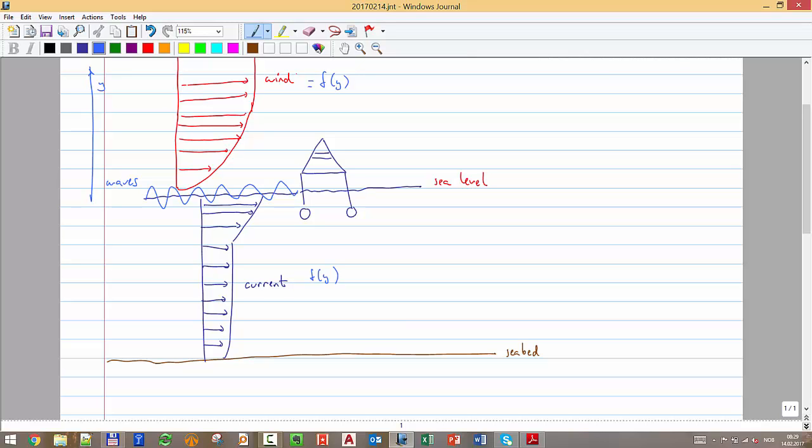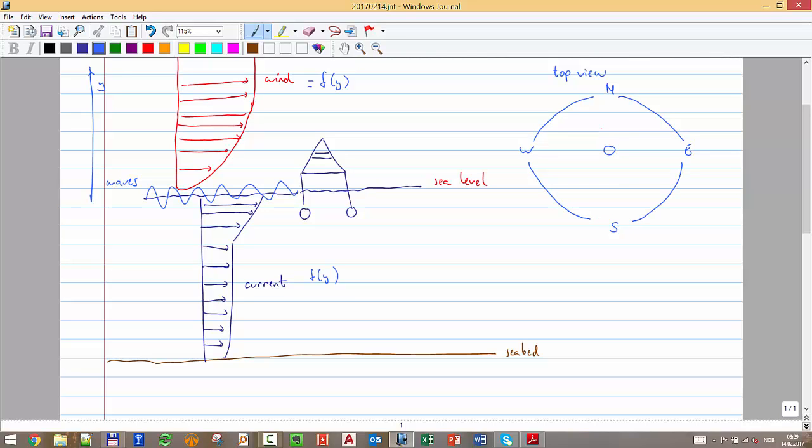Also something interesting: if you see the structure from the top, with the structure in the center, that's the top view. You will usually have particular directions where the wind, current, or waves come from. For example, if this is north, you have south, west, and east, kind of a circle.